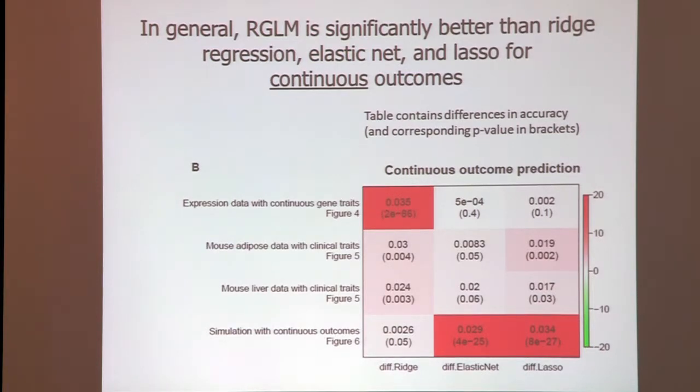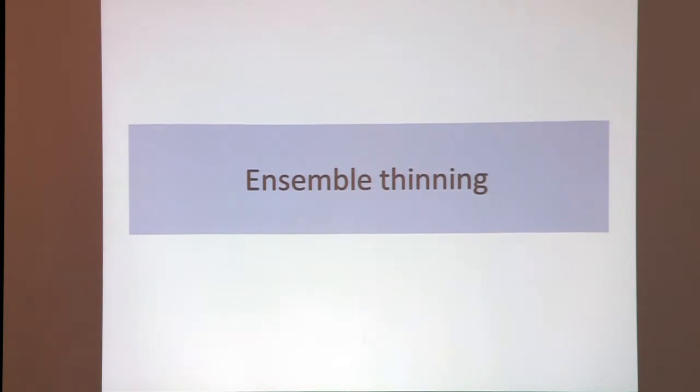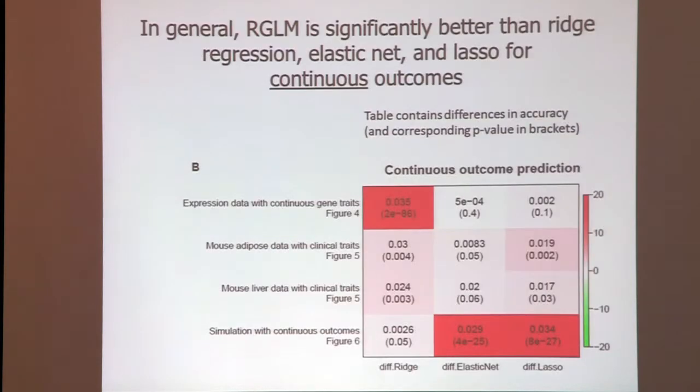We did these comparisons both for binary and continuous outcomes, and again, random GLM did compare favorably to these penalized methods. Now, I want to come to another topic.